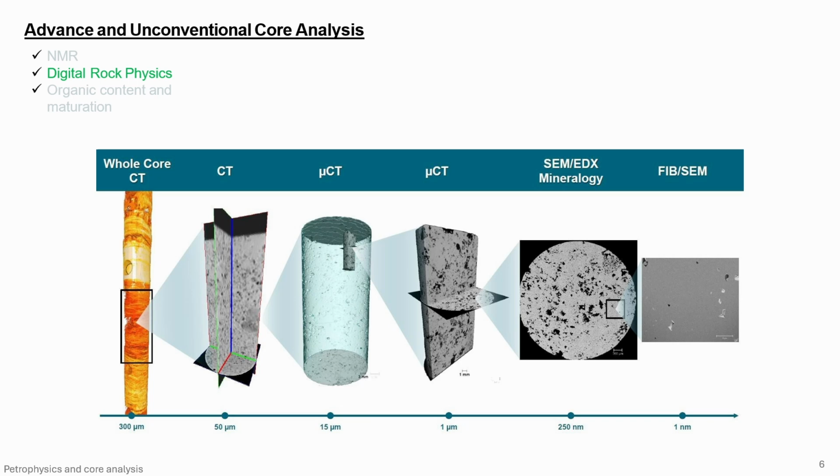This can emphasize that organic content and maturation are especially important in shale plays because the source rock may also be the reservoir. In such systems, petrophysics must incorporate geochemistry, pore structure, and mechanics together.